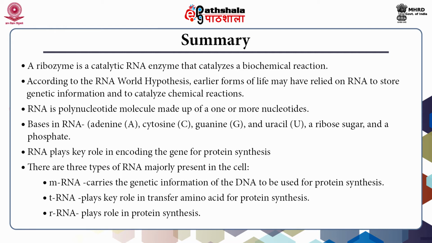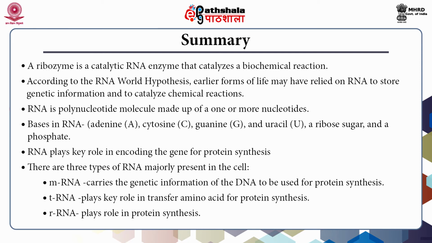RNA are of three types: mRNA, the messenger RNA, rRNA, the ribosomal RNA, and tRNA, the transfer RNA. Their structure differs from each other. While mRNA is a linear chain of nucleotides, the tRNA is a clover leaf structure, and rRNA is found in the form of nucleoprotein, the ribosome.